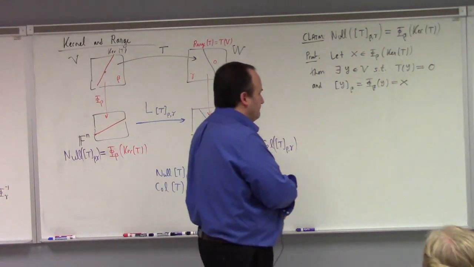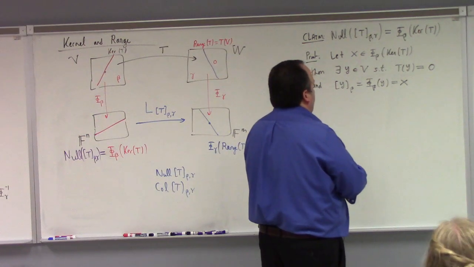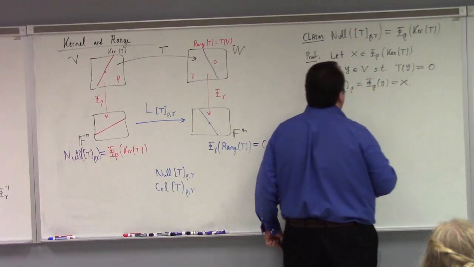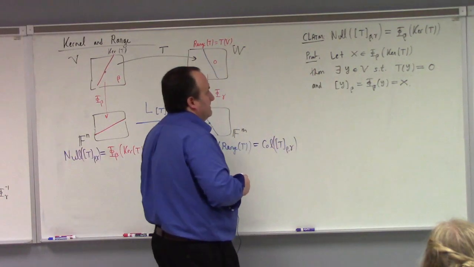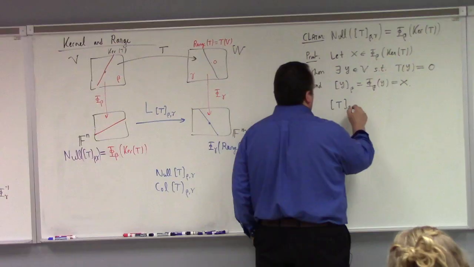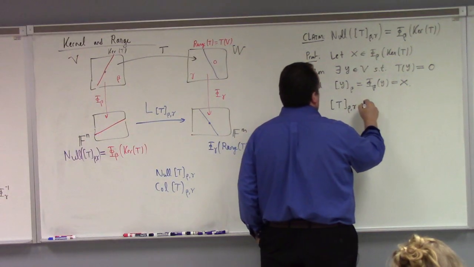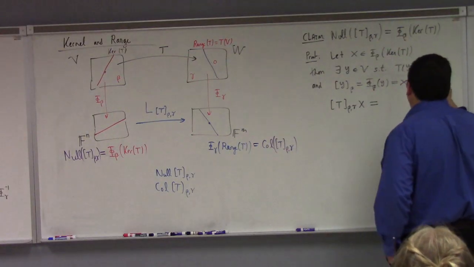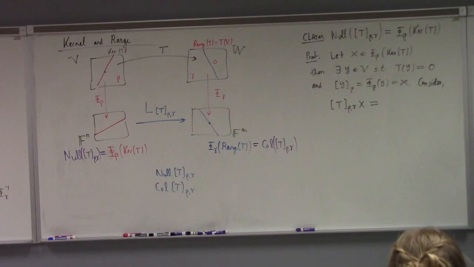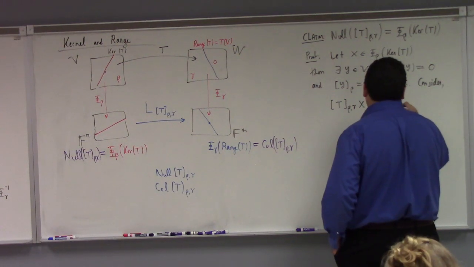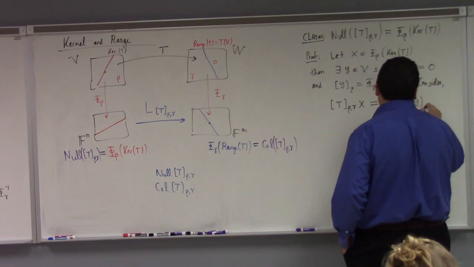All right, so then what? If I look at T_{β,γ} times x, what do I get? This is T_{β,γ} times what? The coordinate vector of y, right?